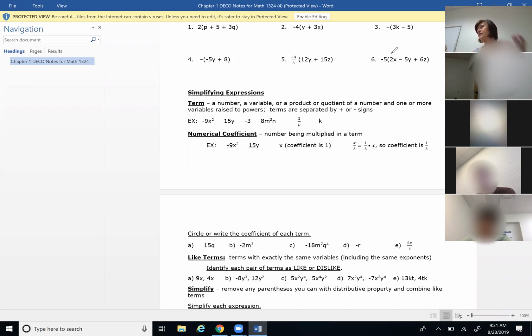And we may have some things that we need to work with. If that's the case, then we need to make sure we understand if I have other terms that have those letters in them that I'm trying to add or subtract together, I can only combine things that are like terms, which means they have to have exactly the same variable raised to exactly the same power.